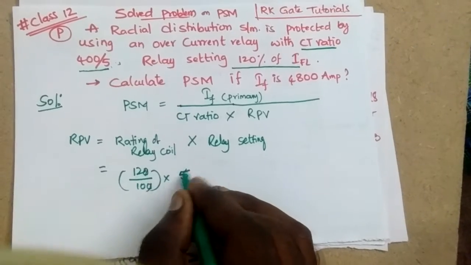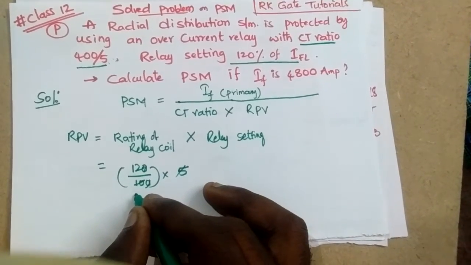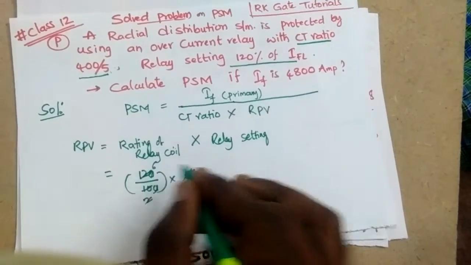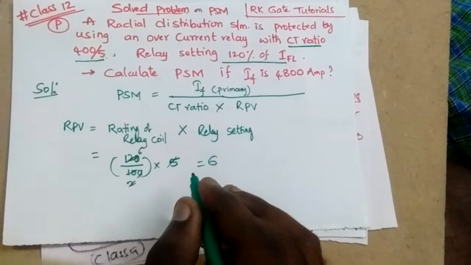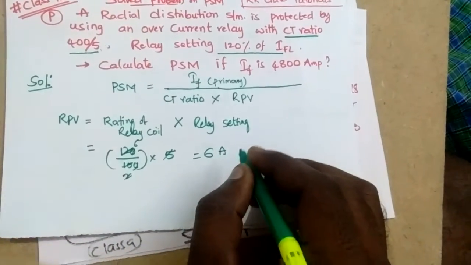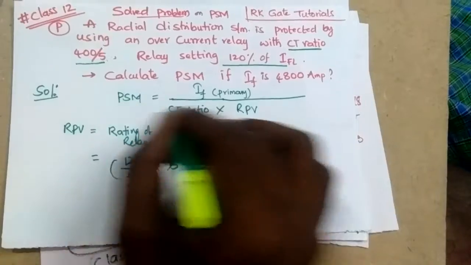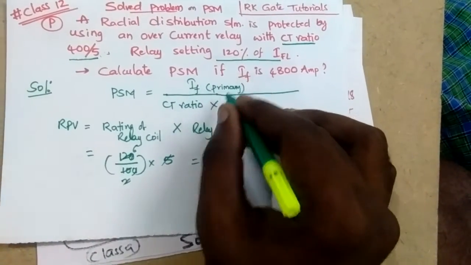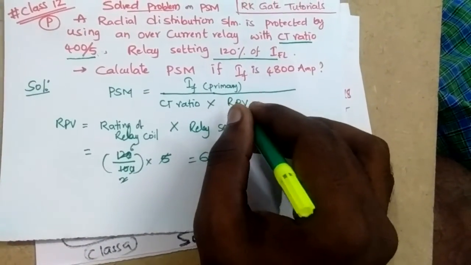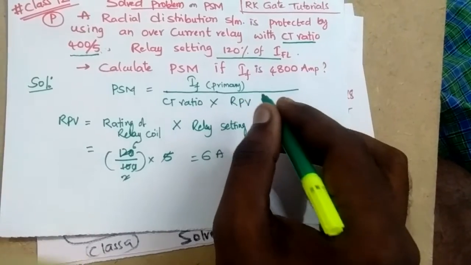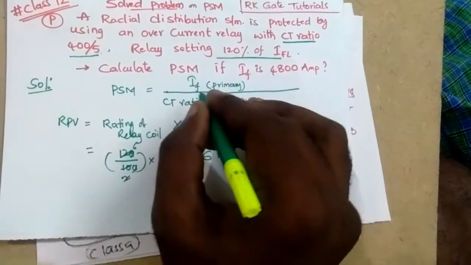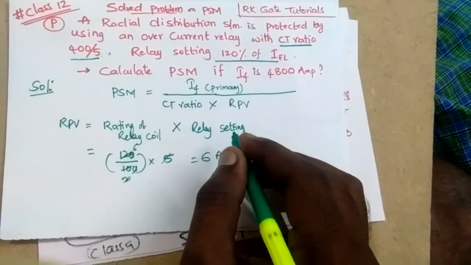Now some arithmetic, 1.2 times 5 is 6, you will get RPV as 6. This RPV has no units, because this is a current and this is also current. So it is a simple ratio of currents, so you can't get any units for this.